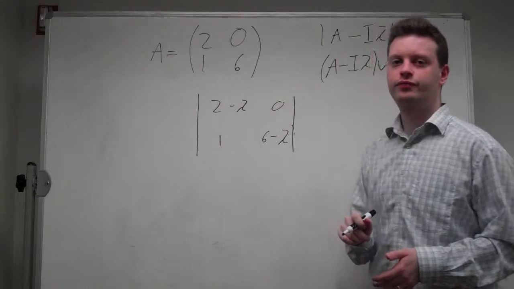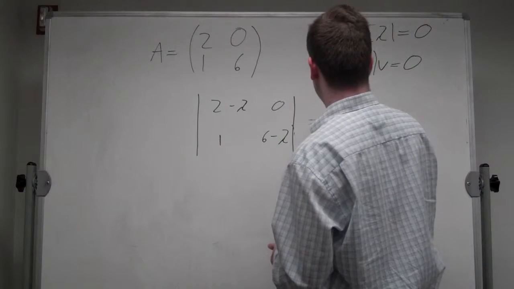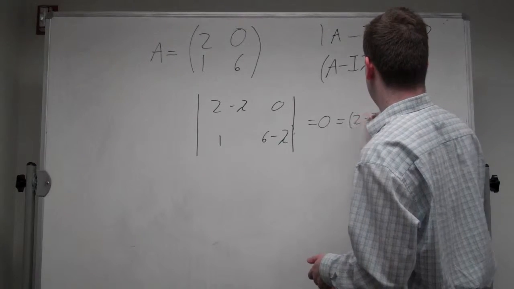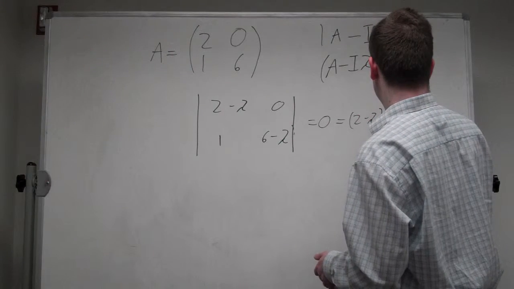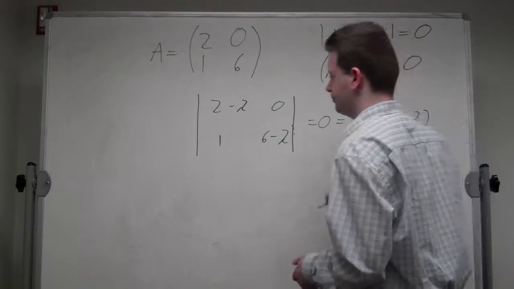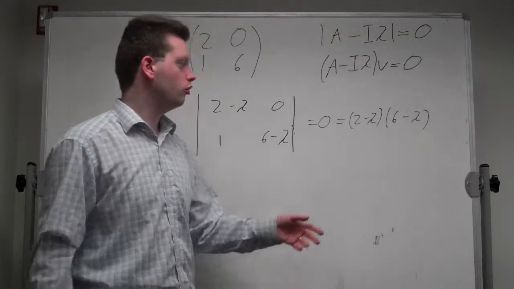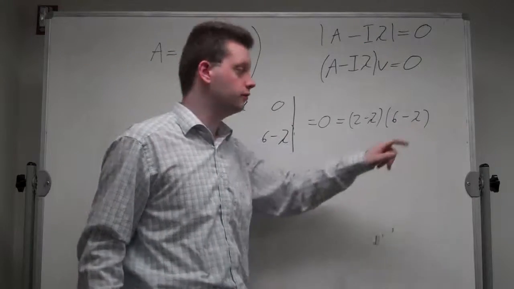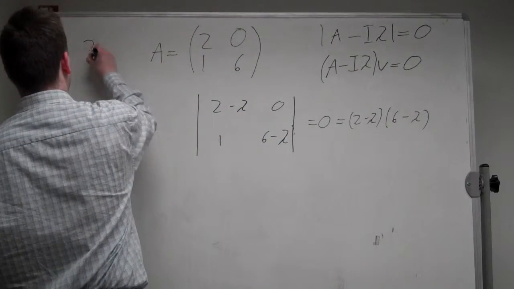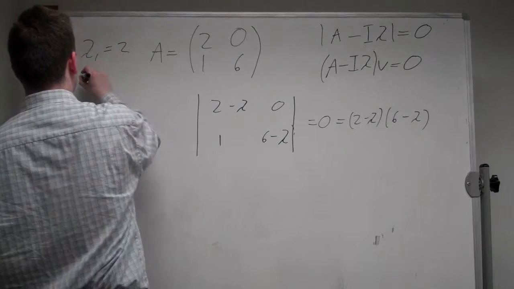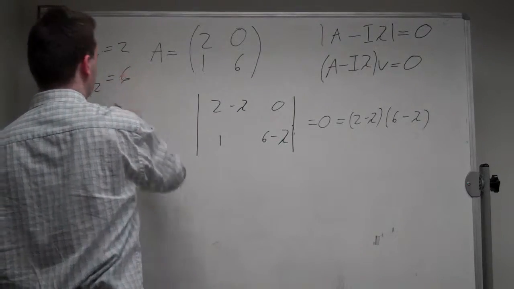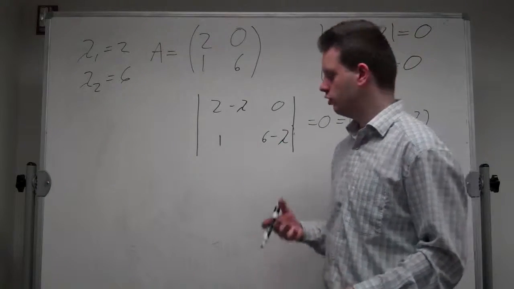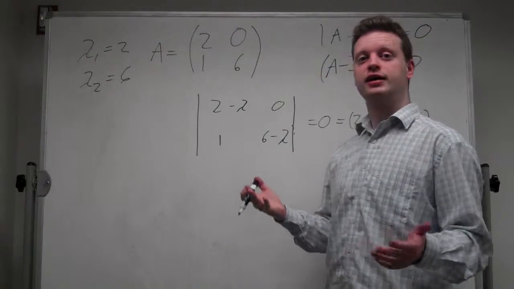But if we calculate that, which has to be equal to 0, we simply get 2 minus lambda times 6 minus lambda. So we have the eigenvalues for that: lambda 1 equals 2 and lambda 2 equals 6. And we calculated our two eigenvalues. So all that's left is we need to calculate the eigenvectors.